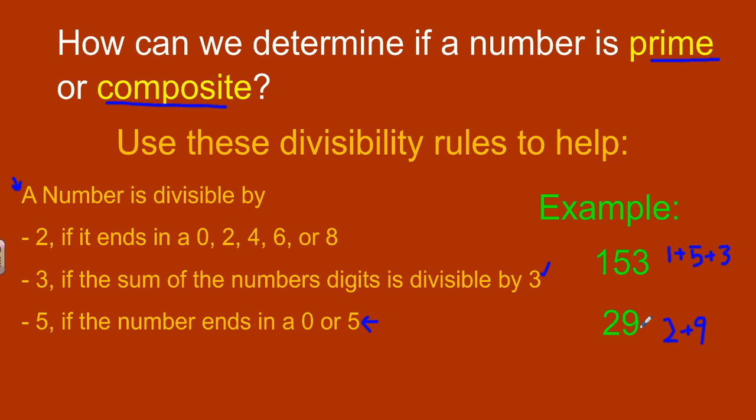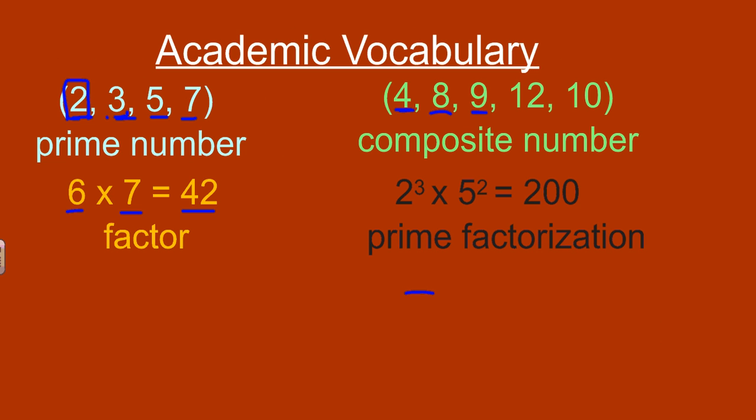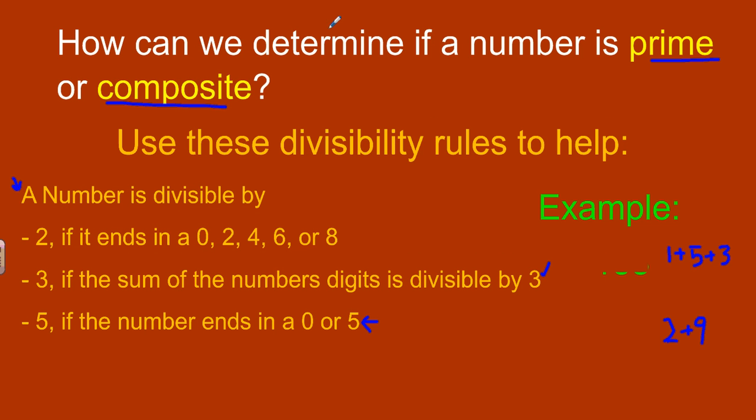No, it does not. We could even go on to the next lowest prime number. If we look back at our previous screen, the next lowest prime number was actually a 7. So if we look at this number, 29, is it divisible by 7?